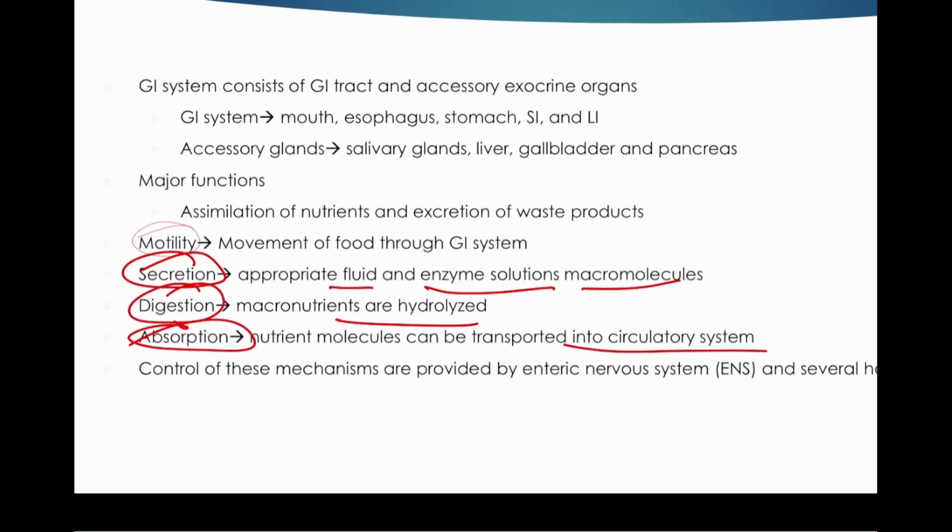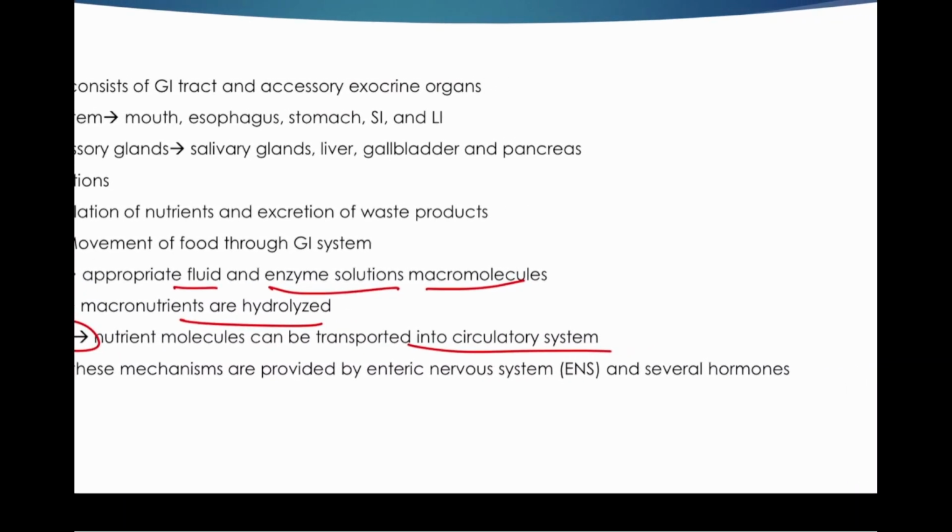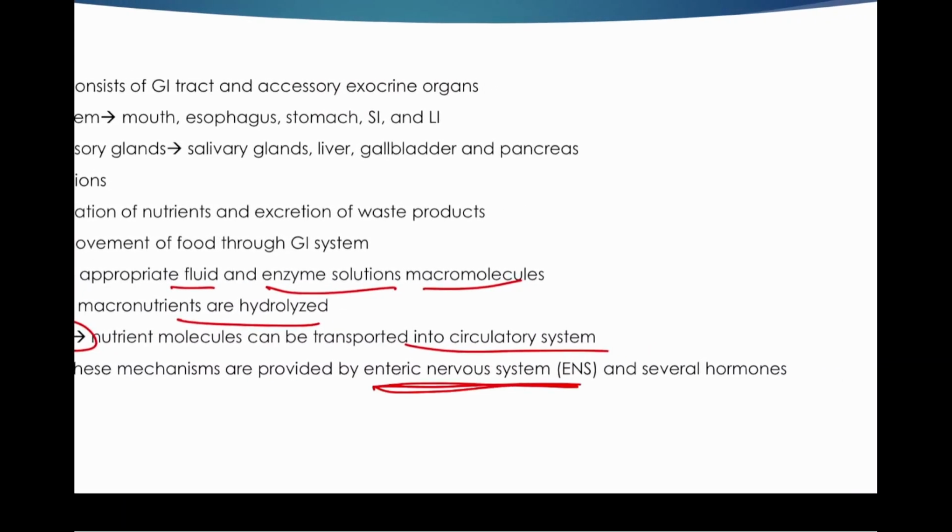So it takes about a week for all that villi to regrow again. So if you have like lactose intolerance and you drink some milk and then you have really bad stomach problems, it's going to take about a week before you're fully recovered because you have to regrow the lining of the intestine that you just destroyed by drinking whatever you're doing. So control of all these mechanisms is done by the enteric nervous system and several hormones. That's what we're going to learn as we go through the process today.